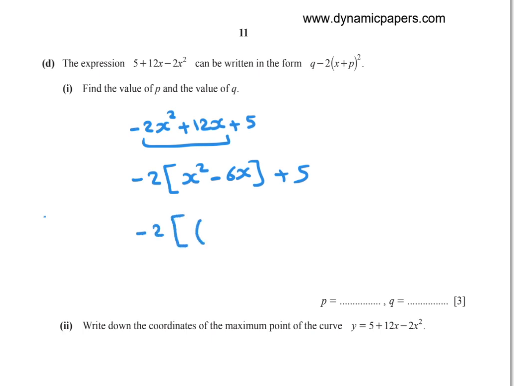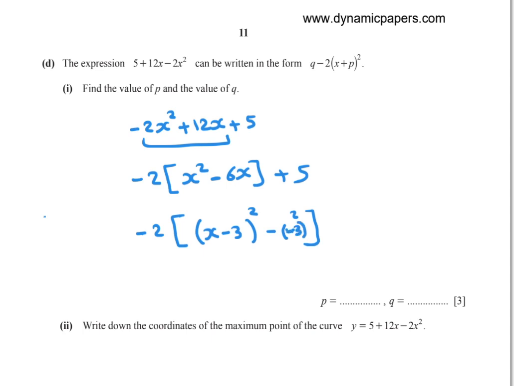So this can be written as bracket squared minus number squared. Inside this bracket we have the square root of x squared, which is x, and half of negative 6, which is negative 3, and write negative 3 outside. So (x minus 3) in a bracket all squared.